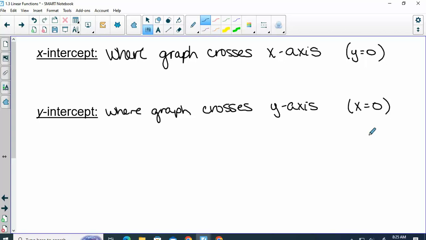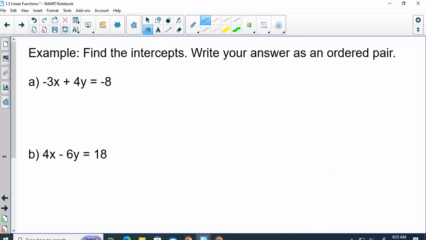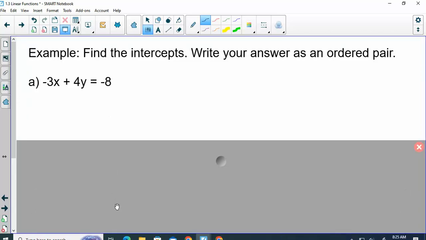So let's try and see. When finding the intercepts, write the answer as an ordered pair.